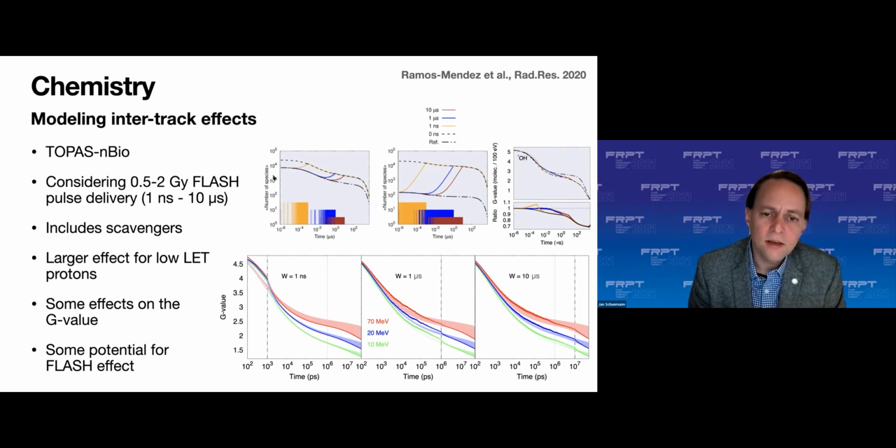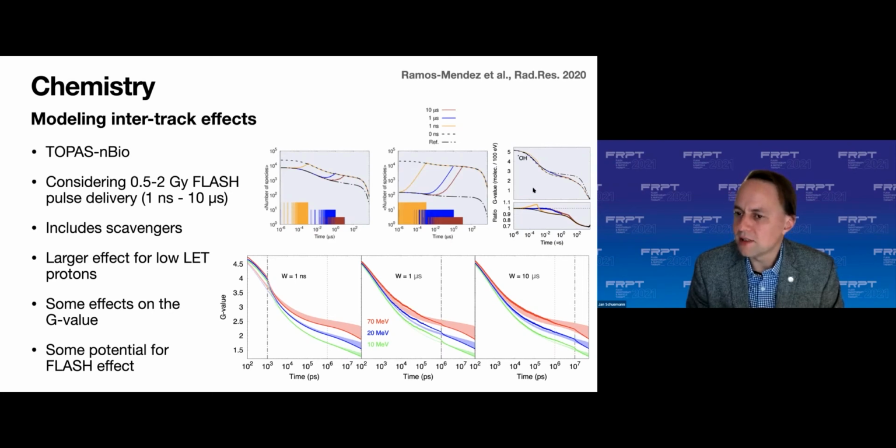And you can see that there is an effect on the number of species that are created, but mostly in when they are created. If you look at past 10 microsecond, you basically have more or less the same curve, and this is for 1 MeV protons, 100 MeV protons, if I remember right.